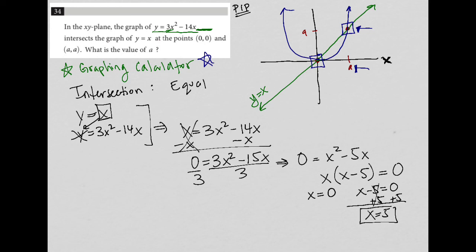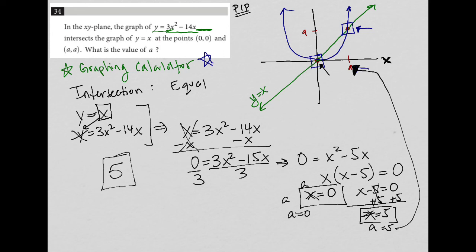So here are my two x solutions, which don't forget really are a solutions, right? So really a equals 0 and a equals 5. Well, we already knew about the a equaling 0 part. That's the origin here. So the a equals 5 is the a that we're looking for here, which means that our final answer here must be 5.